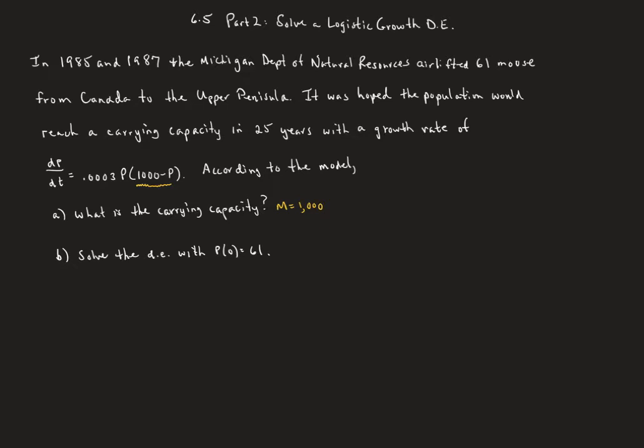Now, the next thing we're going to try to do is actually solve this. Just a suggestion, oftentimes in AP questions or in questions that are just given to you, this will not be in this nice clean form that it is. And so what I would recommend is before you solve the differential equation, you simplify this as much as you can. By that I mean it might have been given to you as something like 0.0001, and then that 3 would have been left off the P, and that 3 might have been brought inside as 3,000 minus 3P.